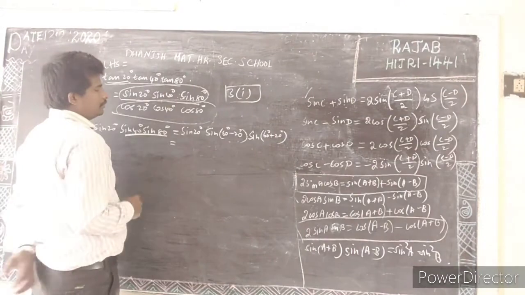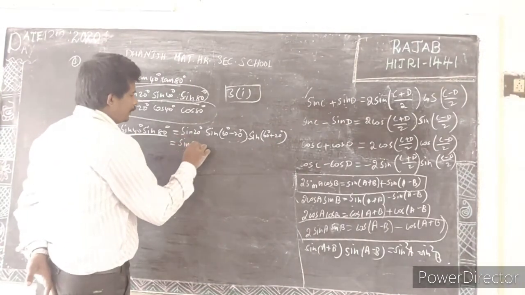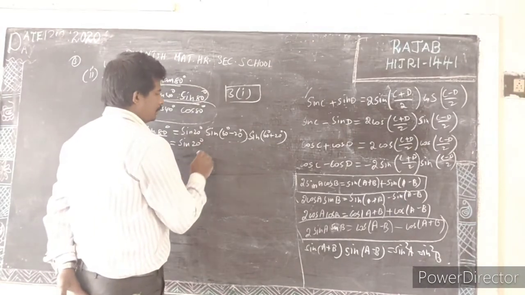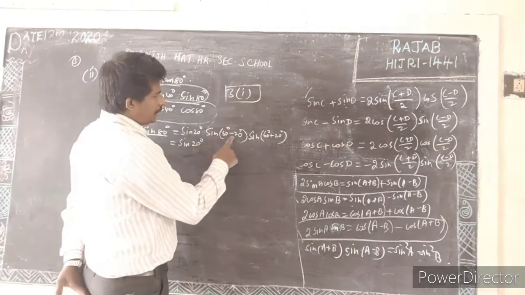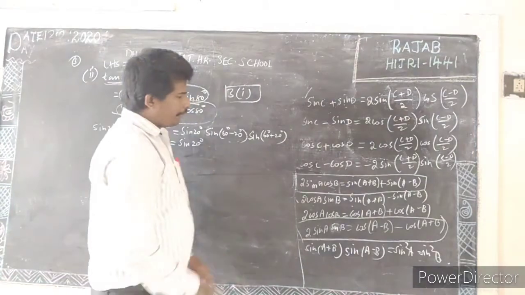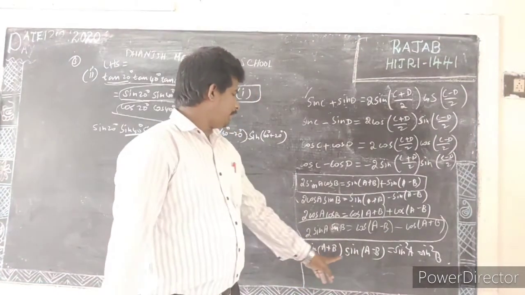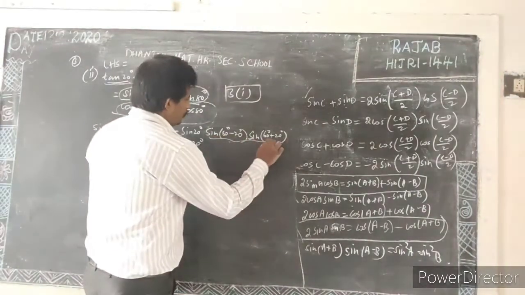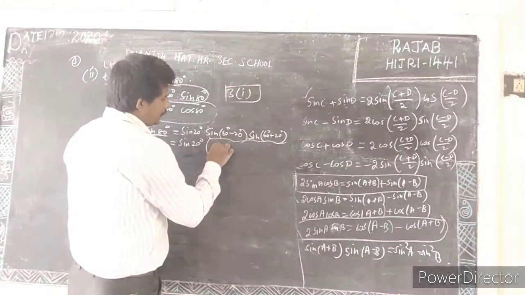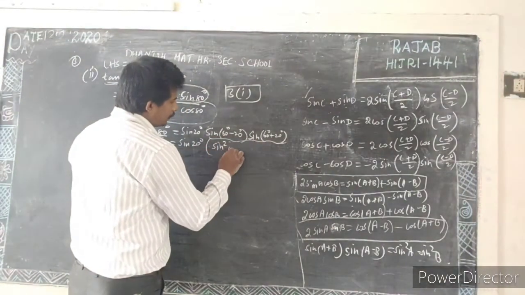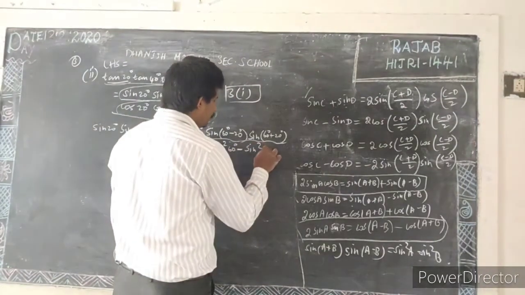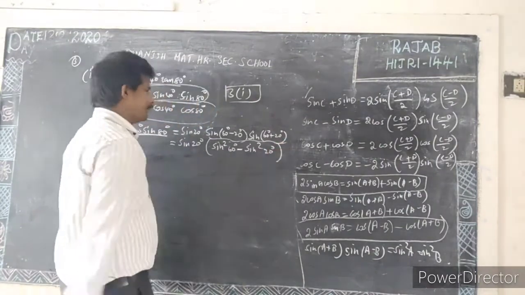Here sin 20 degree, see, this is the form of sin of A plus B into sin of A minus B. So it can be written as sin square A, what's our A, 60 degree, minus sin square B, sin square 20 degree.